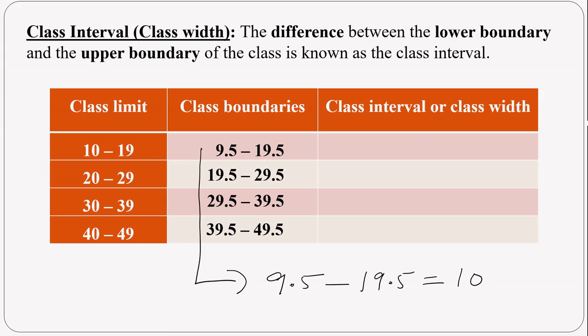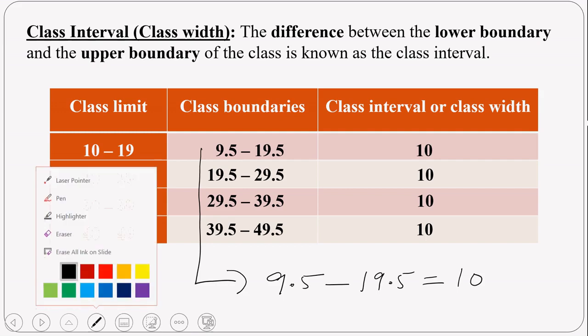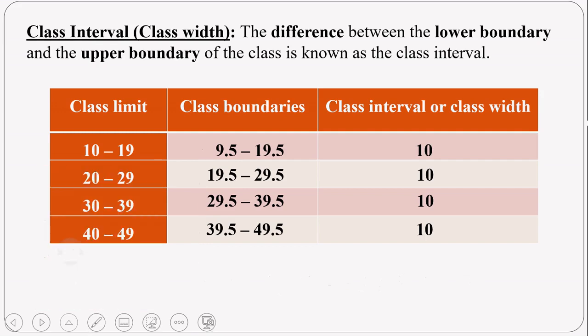So this is the result you need to enter, 10. Same way, 19.5 minus 29.5, 10. 29.5 minus 39.5, we get 10. 39.5 minus 49.5, how much are we getting? 10. So this is the simple example to calculate class width or class interval. I hope this example is clear to understand.